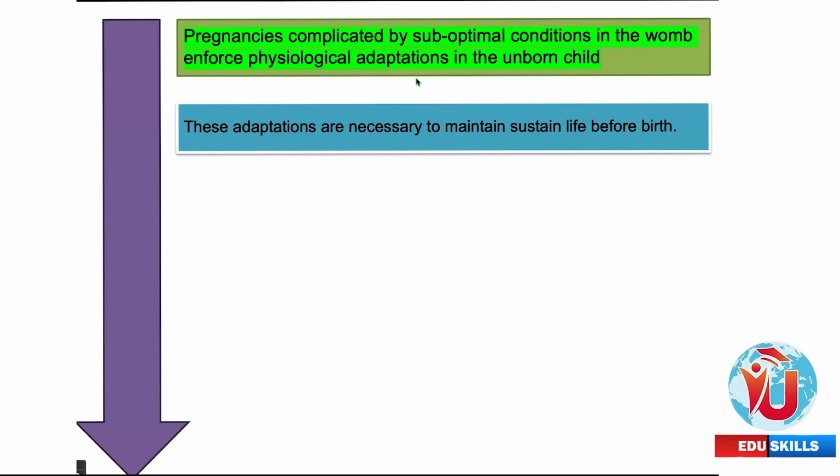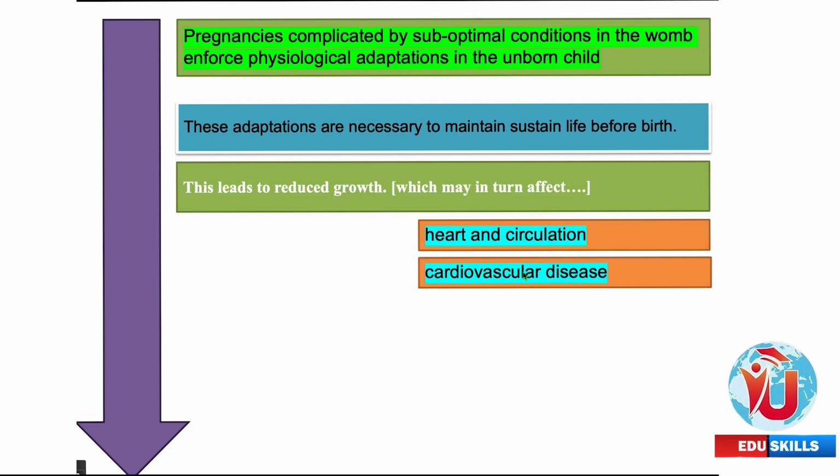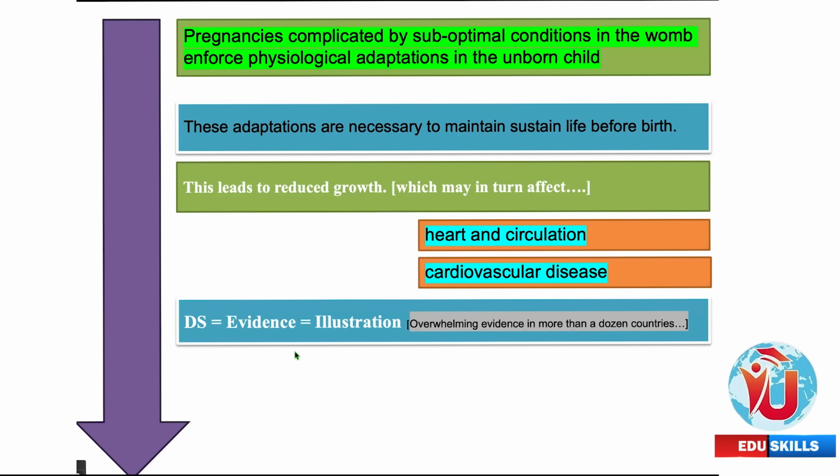Okay. Suboptimal conditions in the womb and post-physiological adaptations in the unborn child. These adaptations, why are they required? To maintain, sustain life before birth. This leads to reduced growth, which may in turn affect heart and circulation, cardiovascular disease.